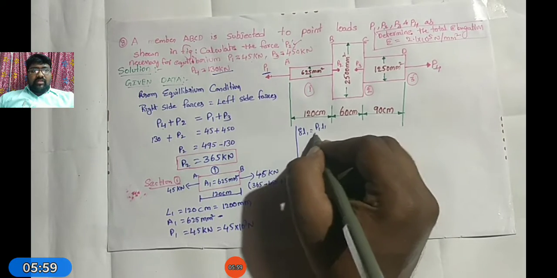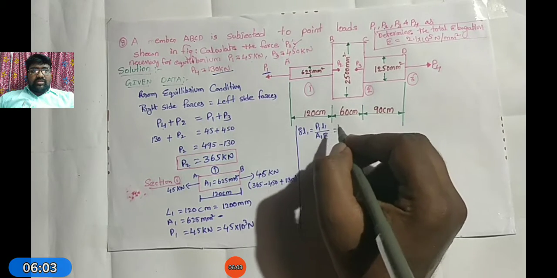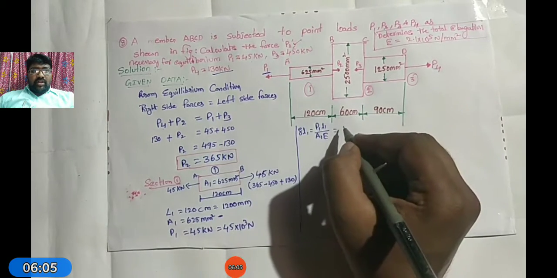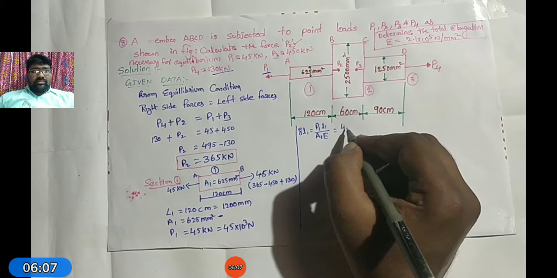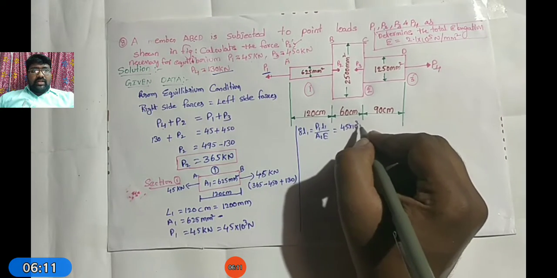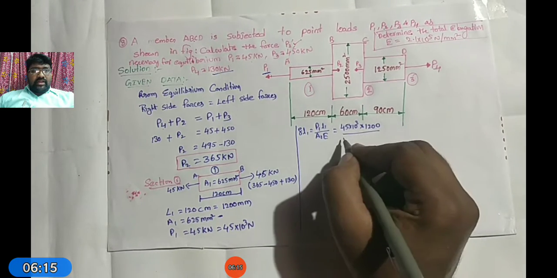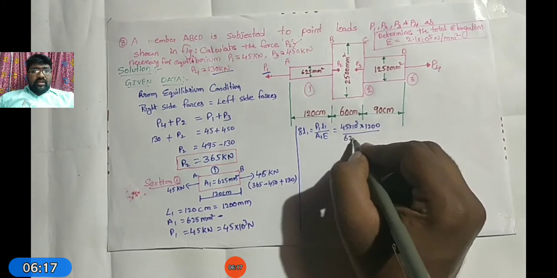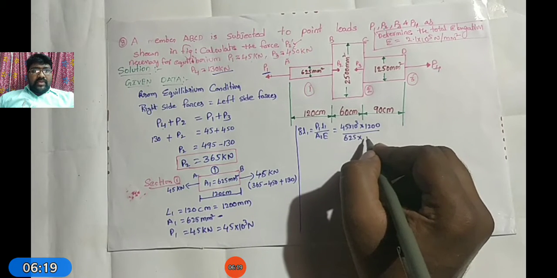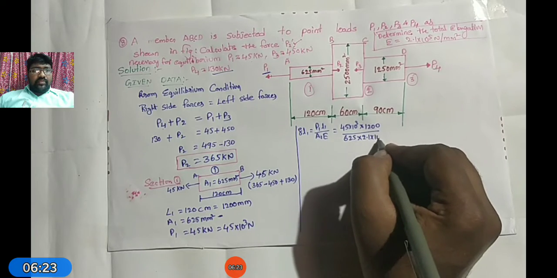We know that the change in length equation is P1 L1 by A1 E, that equals P1 is 45 kilonewtons, next length of the section is 1200 and area is 625 and Young's modulus is 2.1 into 10 power 5.